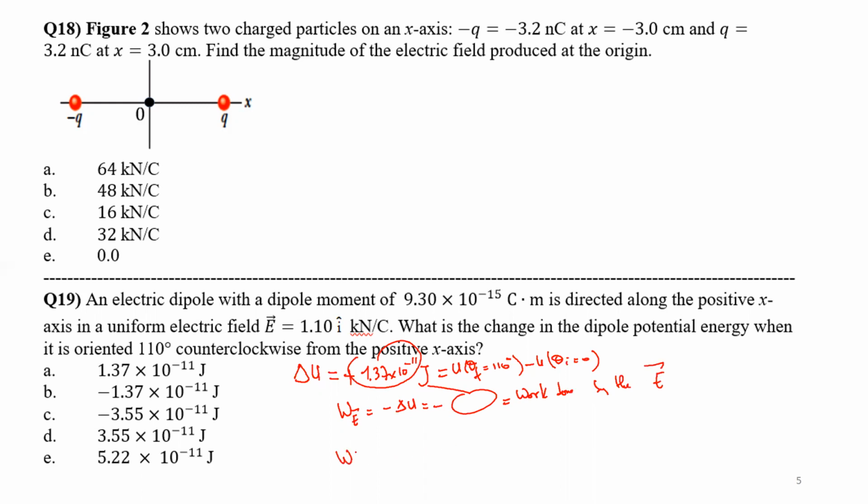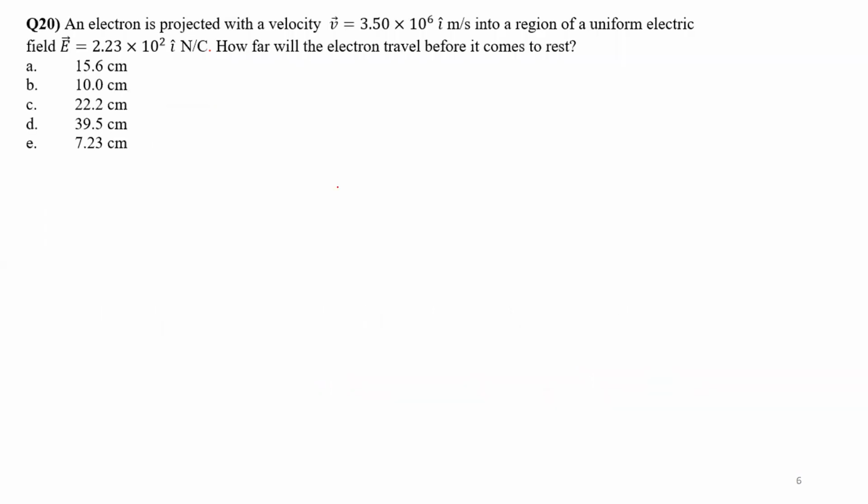Now the work that I'm applying as an external force, work applied, which is work done by the external force, so it's just plus delta U. Okay. I have to apply it. It's positive. Good. Now let's go to the next problem.